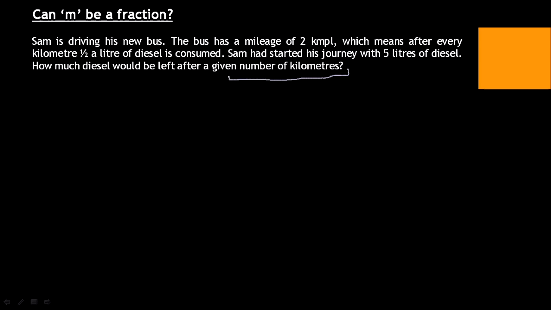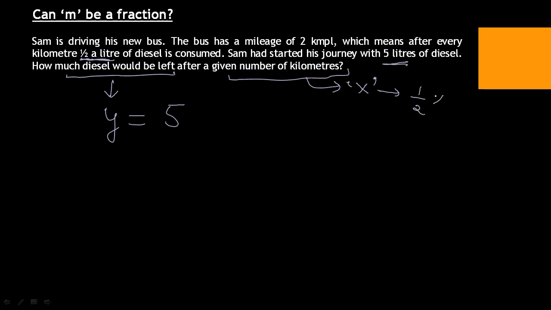Now the given number of kilometers is a variable, it may vary, so let us call it x. We are supposed to find how much diesel would be left, so let us call that y. So y equals, well, he had started with 5 liters, so 5, and because after every kilometer, half a liter of diesel is consumed, that means after x kilometers, half times x liters of diesel would be consumed.